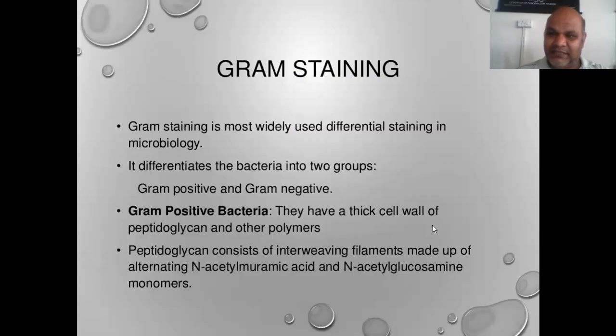Another specific technique is the Gram staining technique. The Gram staining technique is a differential staining technique, where we can differentiate the microorganisms. In this technique, when the bacteria give a positive color, they are termed Gram positive bacteria, and those which do not give the color are termed Gram negative bacteria.